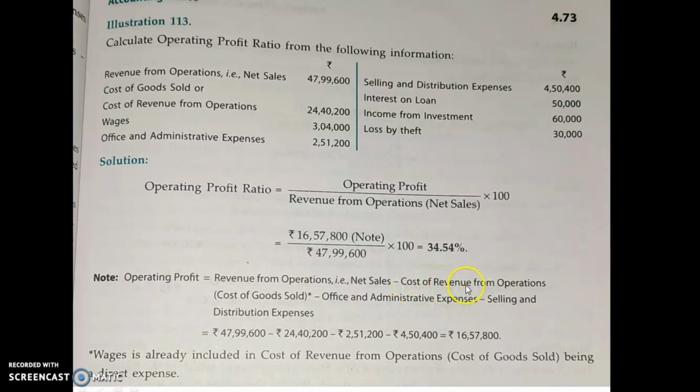Okay, so with this formula, and operating income item is not given to you in this question. So with these items, substitute the amount, you will get operating profit. You have to put this amount over here, and revenue from operation is already given to you, into 100, and calculating this, you will get 34.54%. This is your operating profit ratio.